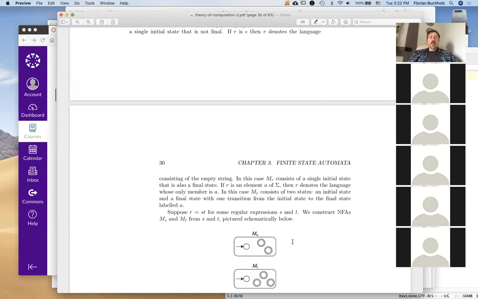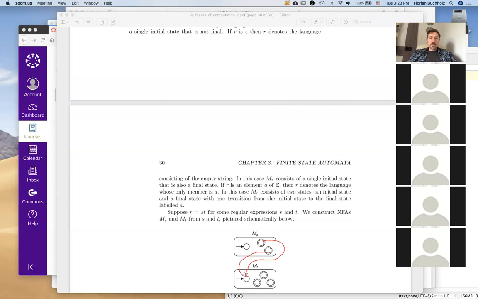But now I need to go on, and I need to process T. So what I need to do is make these two, or however many states there are in MS, non-accepting, and then transition from them to the start state of MT, and these need to be epsilon transitions.